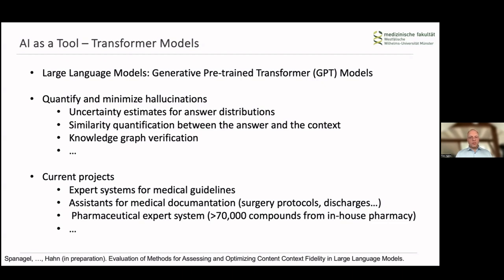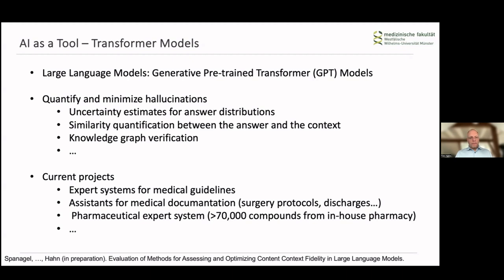If we had access to the patient file, then we could at least pre-scribe this. We could write it out and have you check it after that. And at least for surgery protocols, that's relatively straightforward. And right now we're working on discharge letters and want to roll this out in the clinic. And just today we had a meeting about that, and it's progressing nicely.